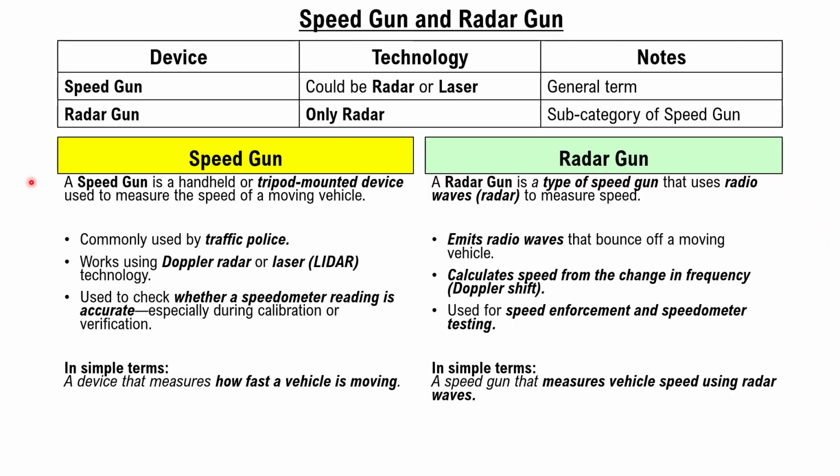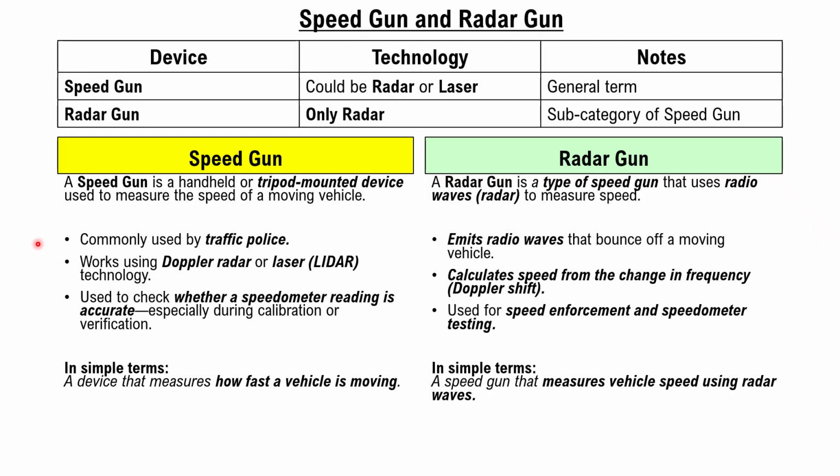A speed gun is a handheld or tripod-mounted device used to measure the speed of a moving vehicle. A radar gun is a type of speed gun that uses radio waves, that is, radar, to measure speed.